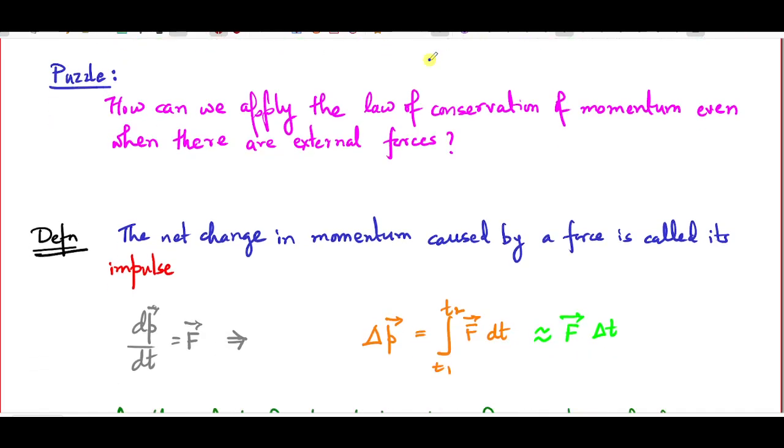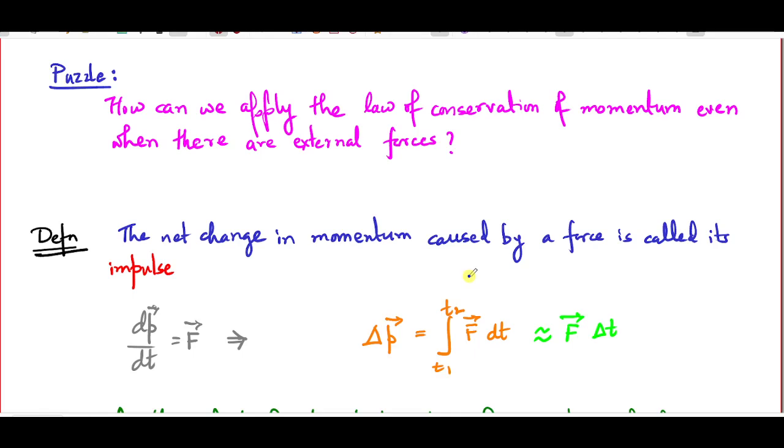Since the rate of change of momentum, even for a single point particle, is given by the force, the change in momentum this force causes is simply given by delta p vector. The change is the integral of F vector dt from time t1 to t2, where t1 to t2 is the interval over which the force acts.